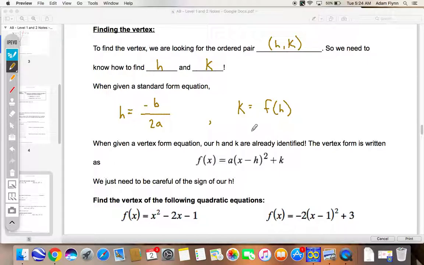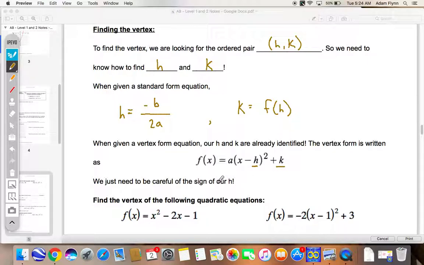Okay? So when given the vertex form equation, our h and k are already identified. The vertex form can be written as f of x equals a times (x minus h) squared plus k. So if you're given an equation in vertex form, you have your h and you have your k.